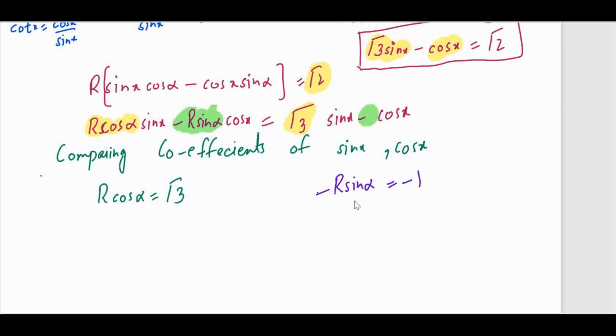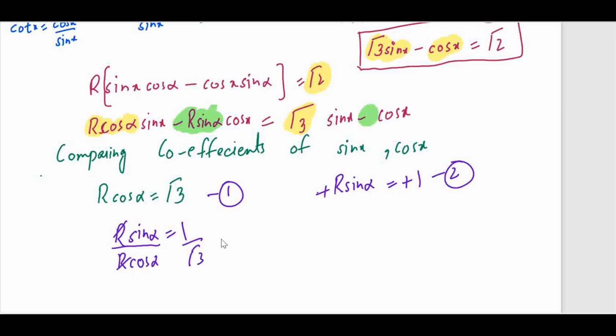And if we rearrange it further, we can divide equation 2 with equation 1. So this will be r sine of alpha is equals to 1, because we can cancel out these two, whole divided by r cos alpha square root of 3.